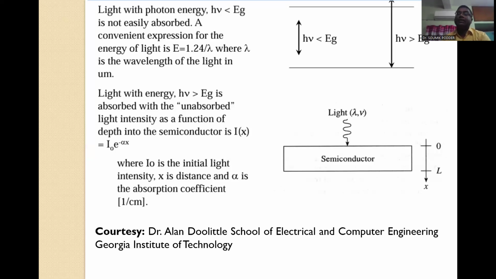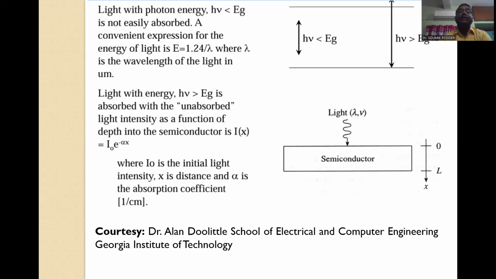The upper one is the conduction band and the lower one is the valence band. And obviously, we are applying the h nu energy. We know that h nu is nothing but the photon energy, which has a wavelength of lambda and a corresponding frequency nu. So there are two cases.